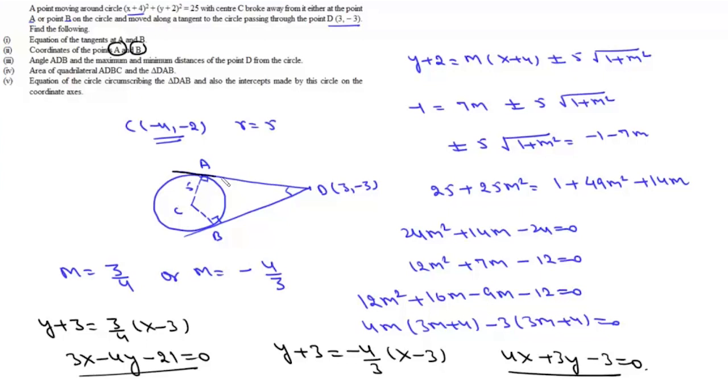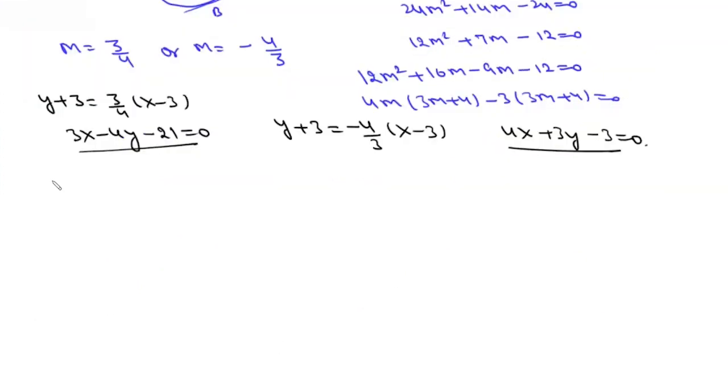Now once we have the equations of tangents and we know the center, which is -4, -2, we know that these points of contact are basically the foot of perpendicular. So we'll use this foot of perpendicular formula to find the coordinates of these points A and B. For this second part, first we're going to start with the line 3x minus 4y minus 21 equals 0, and we'll find the foot of perpendicular from the center, which is -4, -2.